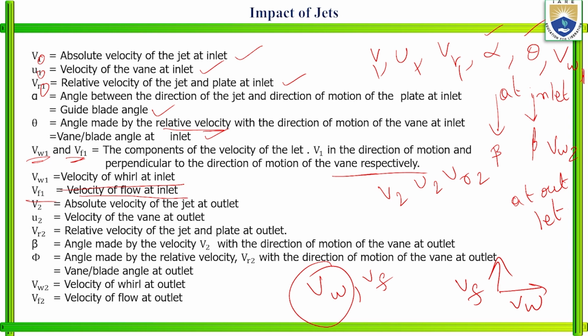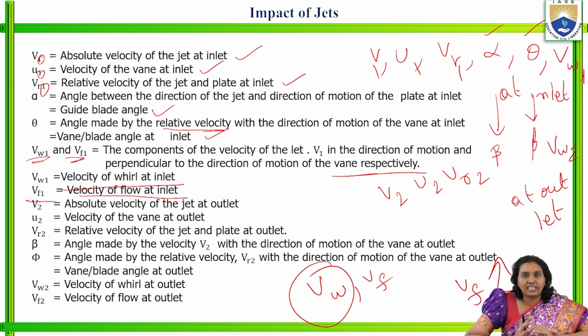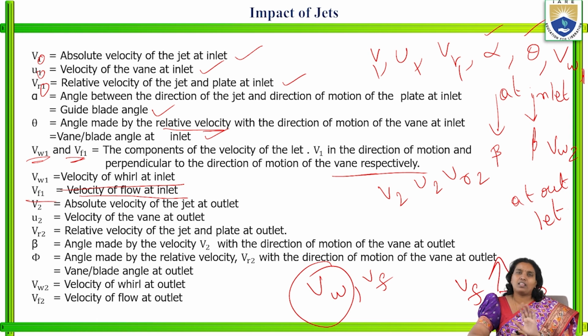So what are the remaining components? We explained V, U, VR, VW, VF, alpha, theta. At inlet, we are considering them with suffix 1. Similarly, the same definitions and the same components are considered with the same notation at outlet with suffix 2.